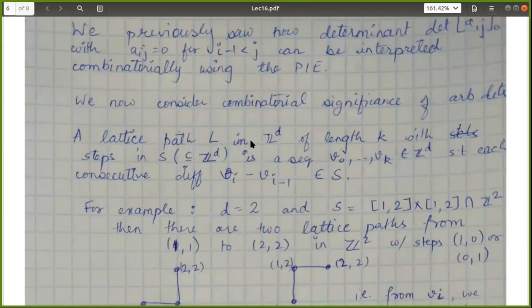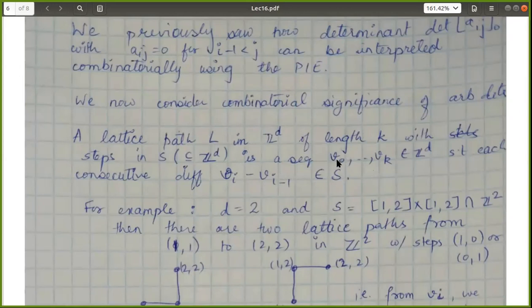A lattice path L in Z to the d of length k with steps in a set S, where S is a subset of Z to the d, is a sequence of points v0, v1, up to vk of Z to the d such that each consecutive difference, vi minus vi minus 1, taken component-wise, is an element of S. Then you call this a lattice path.